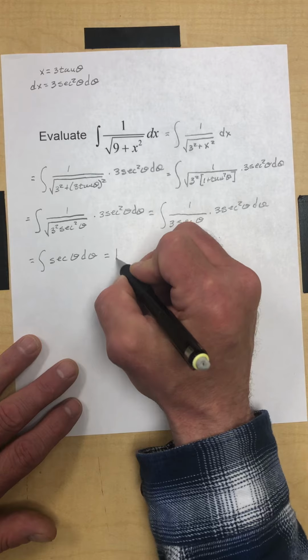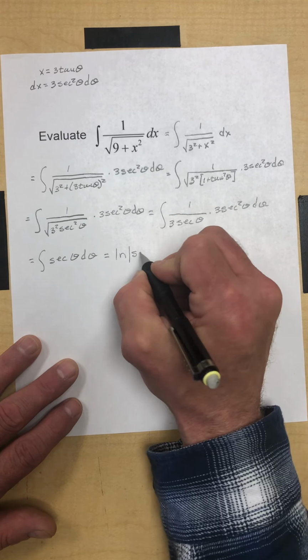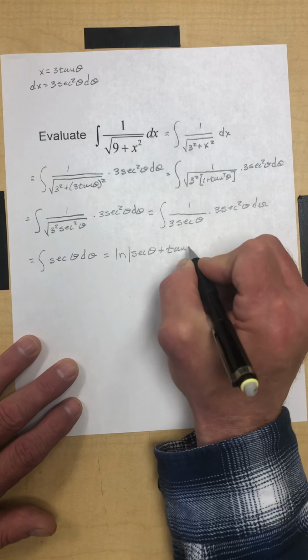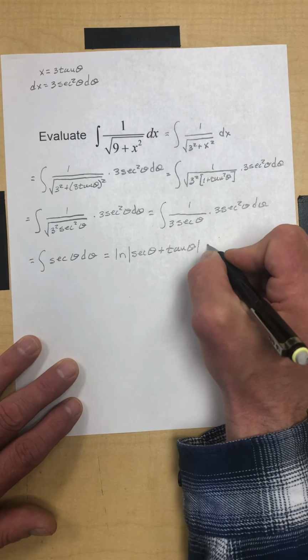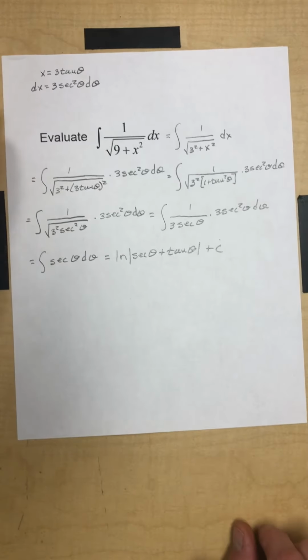So we get the natural log of the absolute value of secant of theta plus tangent of theta plus c. Now, just like the previous problems we've done, it comes down to how do we get rid of that theta and get it back in terms of x.